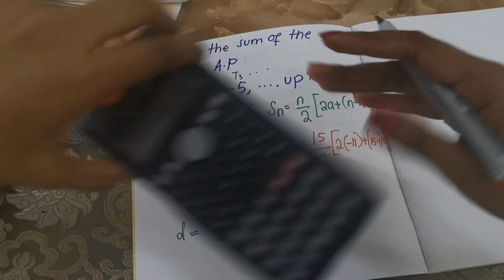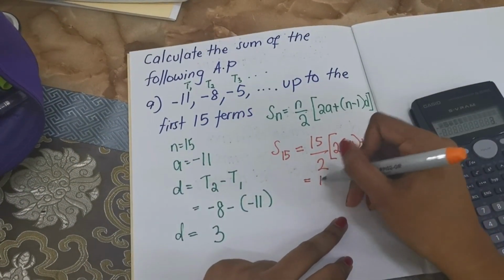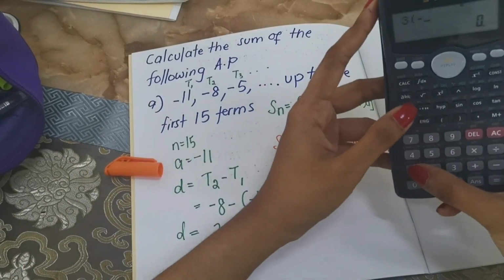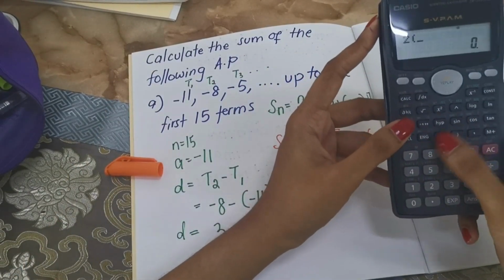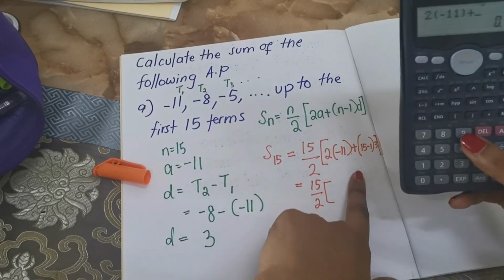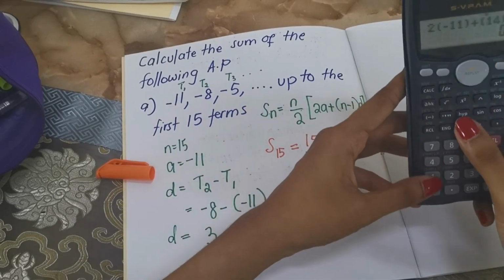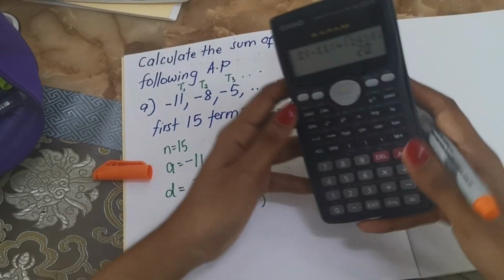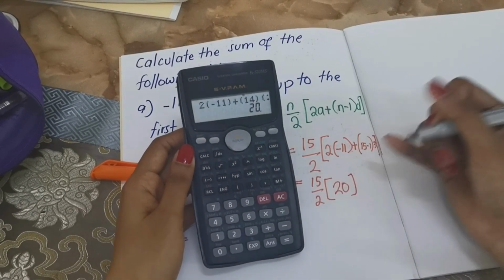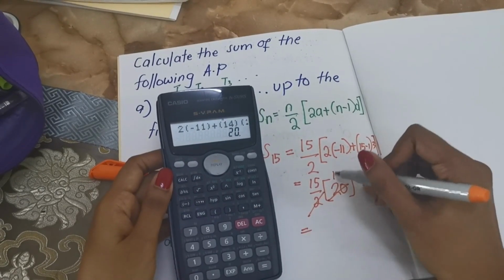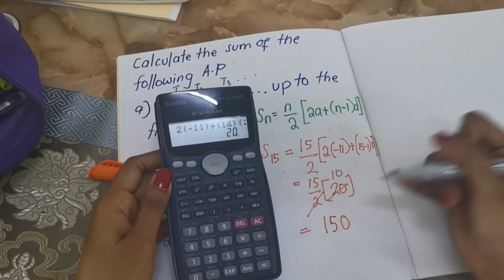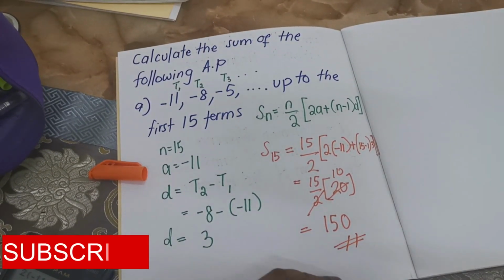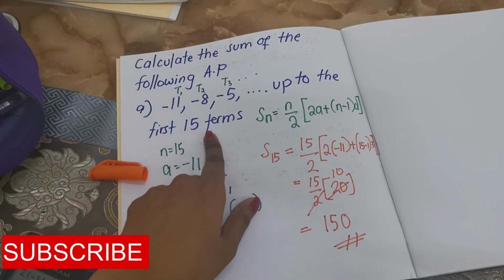Of course we can use our calculator here. Key in the values: 2 times negative 11 plus 15 minus 1, which is 14, times 3. The answer inside here is 20. So 15 over 2 times 20, we get 10 times 15, so the sum of 15 terms equals 150. So we have obtained the answer for the sum up to 15 terms.